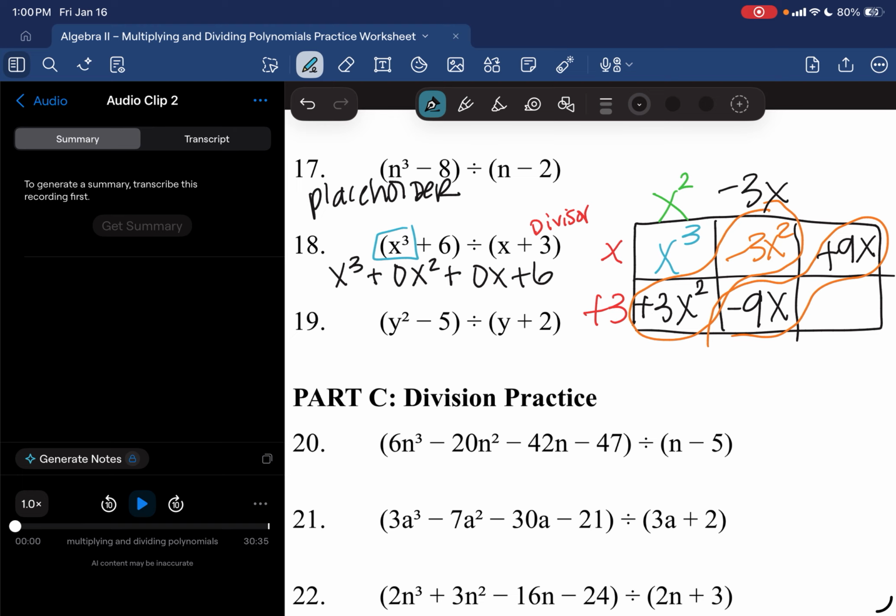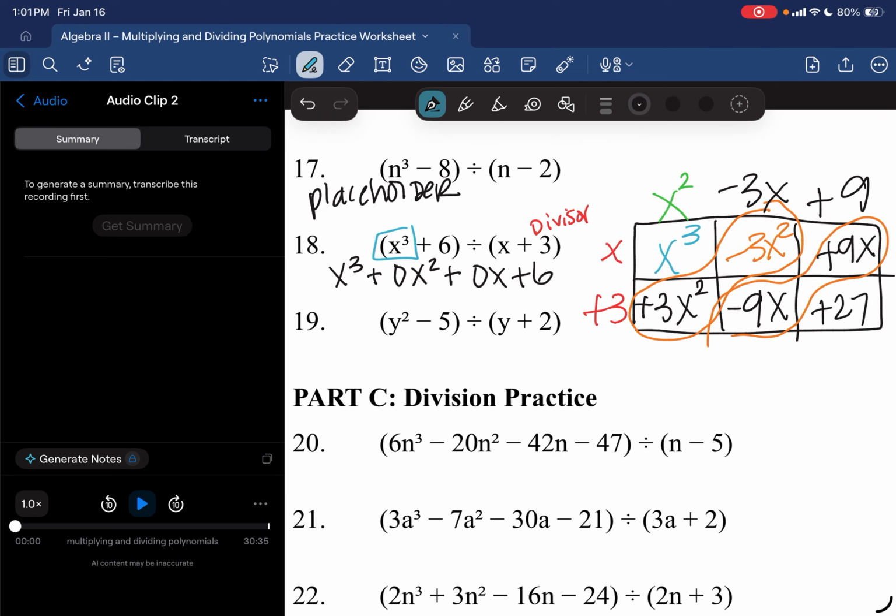Okay, ask yourself the question, x times what is 9x? X times 9 is 9x. You can see it going down, second degree, first degree, and then constant. You should not have a squared up here. All right, so 9 times x is 9x. 9 times 3 is 27.